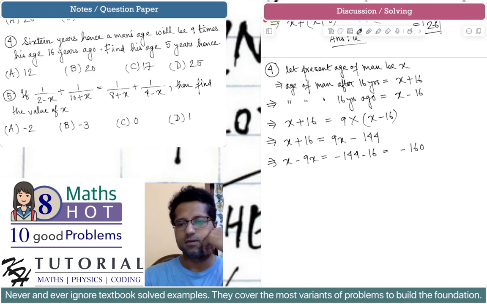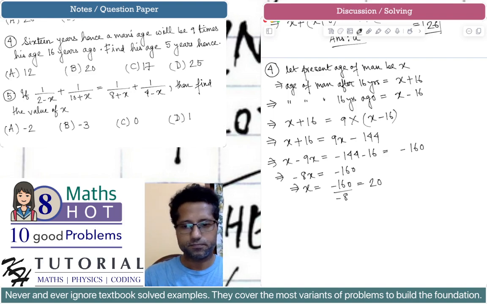So this implies minus 8x is equal to minus 160. This implies x is equal to minus 160 divided by minus 8, which is 20. So the present age of the man is 20 years.